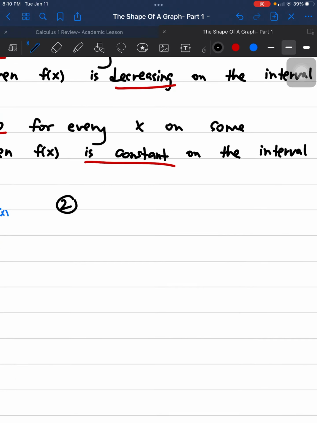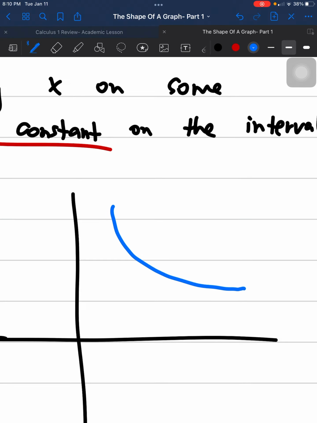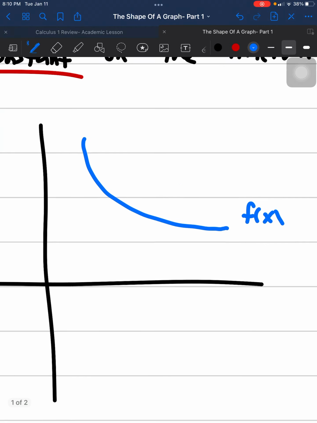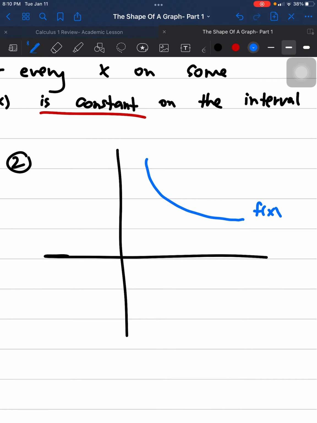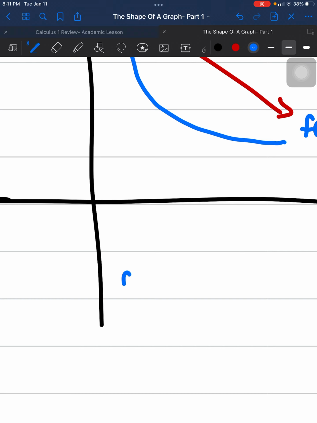And now for statement 2. Let's say this is the function f of x for statement 2, and this function is decreasing.